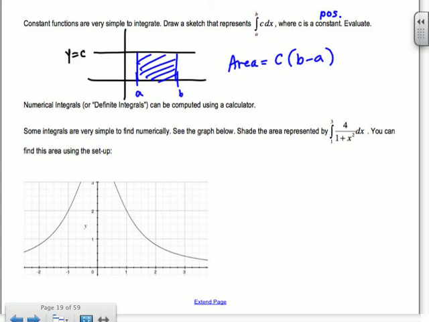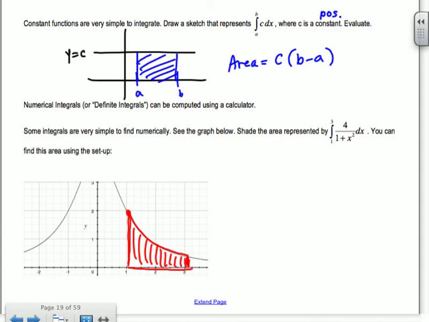Okay, so see the graph below. So shade the area represented by the integral from 1 to 3 of 4 over 1 plus x squared dx. So if I was going from 1 to 3, it would be this area right here. Okay, you can find this area by using the setup on your calculator.